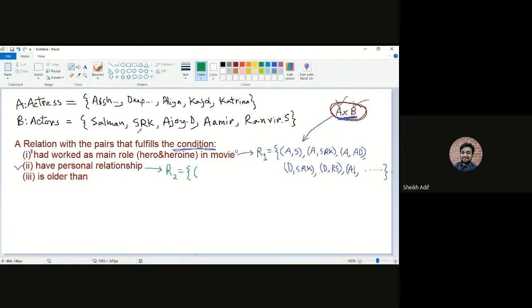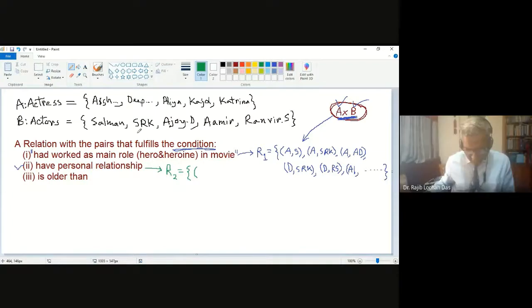Used to be. No, that kind of relationship is not family bonding. By this I'm talking about family relationship, like cousin, brother sister, husband wife, aunt nephew, something like that. They had an affair, that is a different thing. But by this word I am talking about family relationship.